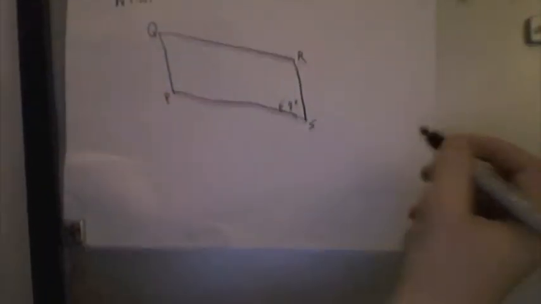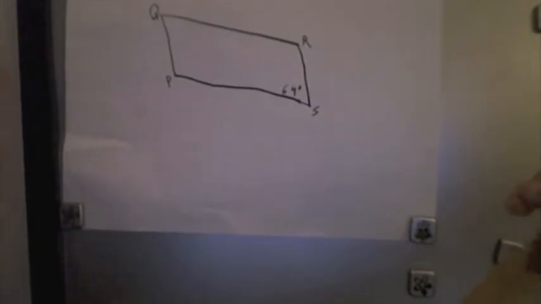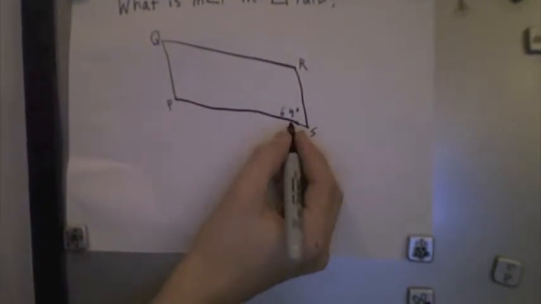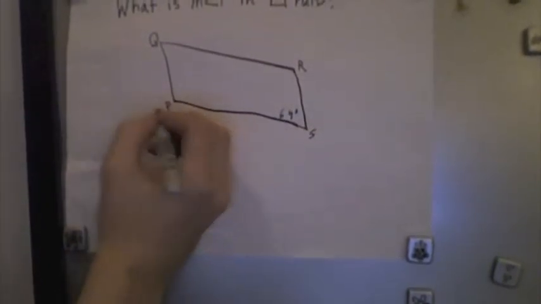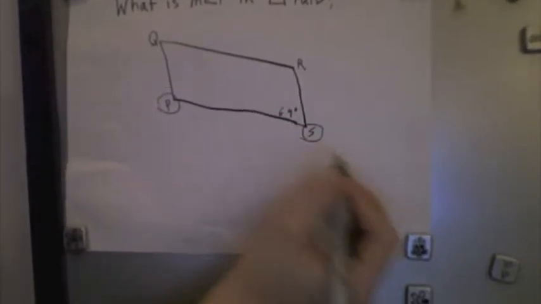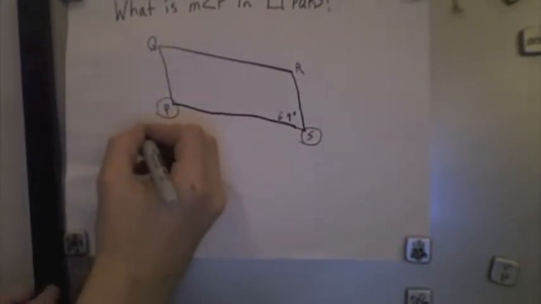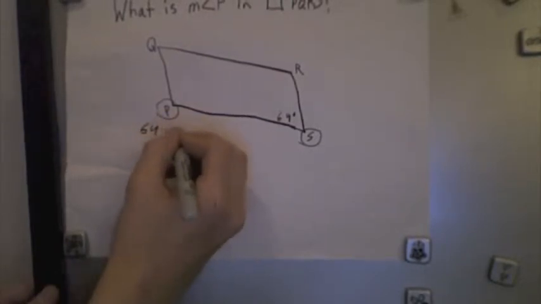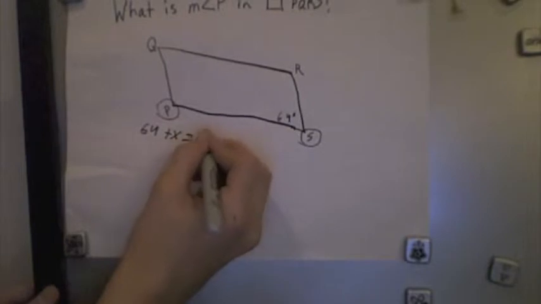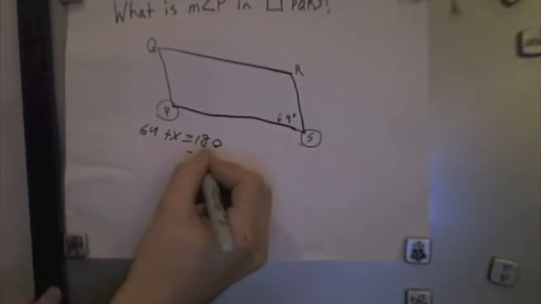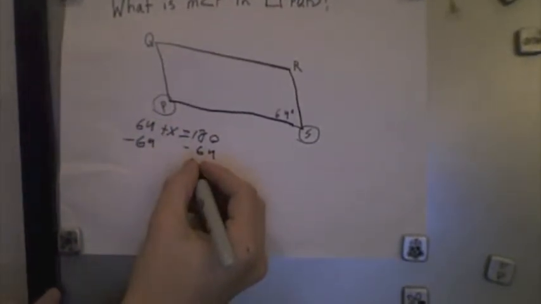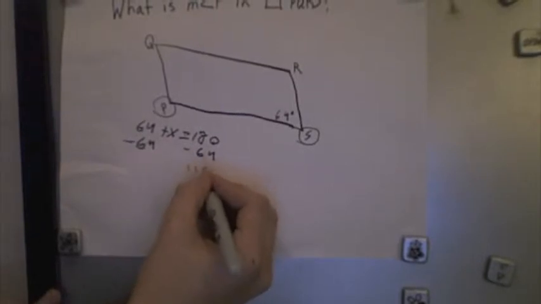What is the measure of angle P in quadrilateral PQRS? This will be using consecutive angles. Angle P and angle S are consecutive angles, so that will equal 180 degrees. So 64 plus x equals 180, and you subtract 64 from both sides. 180 minus 64 is 116.